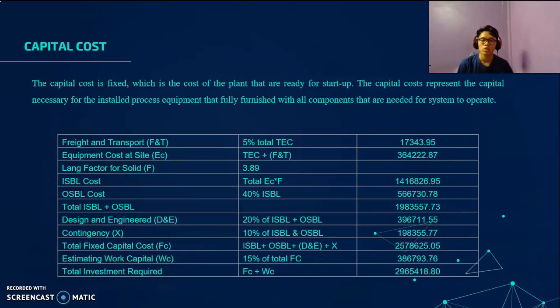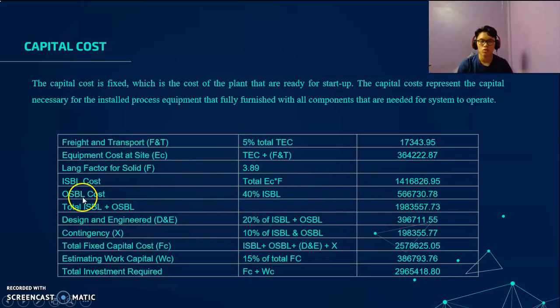The capital cost is basically the cost of the plant ready to start up, which represents the capital necessary to install process equipment fully furnished with all the components needed for the system to operate. So this is the freight and transport, 5% of total TEC. The equipment cost at site is TEC plus FNT, with a Lang factor for solid of 3.89, then ISBL cost, total ECF.